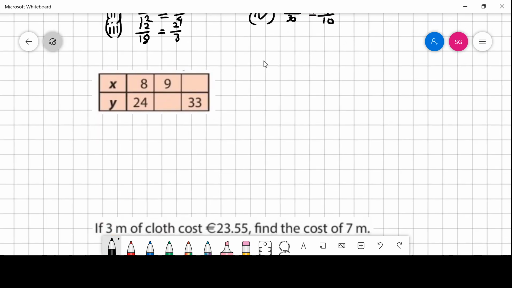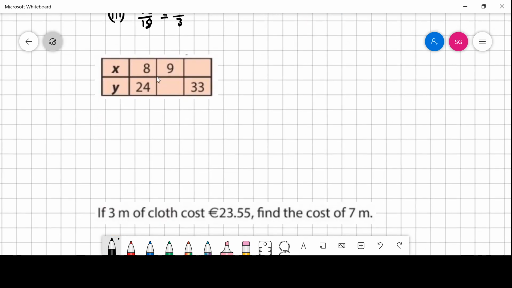Now the next question here, it asks you to find x and y when they are in direct proportion. Okay. So the idea here is, as these go up, they're going to be directly proportional. Okay. So we can say we have got a ratio of 8:24 here, which means that for each 1x, we get 3y, right?